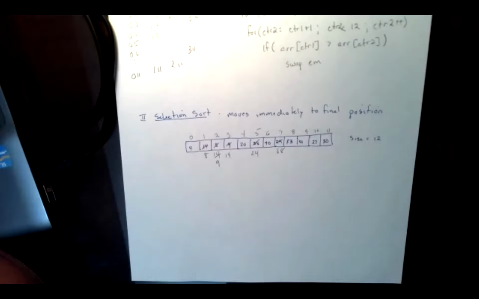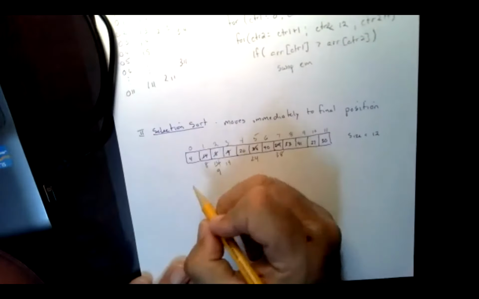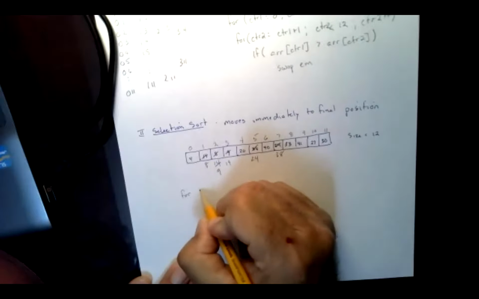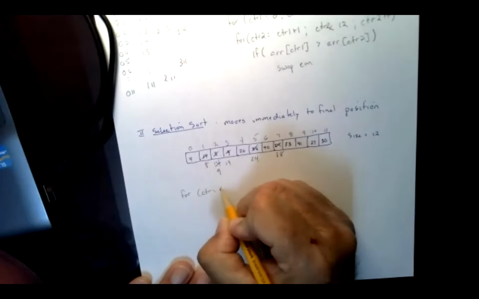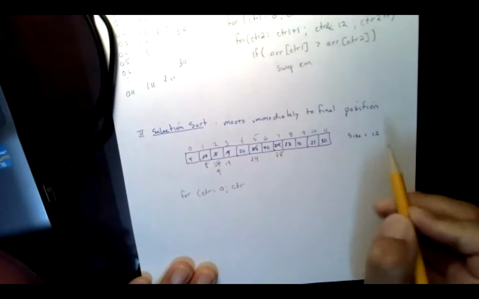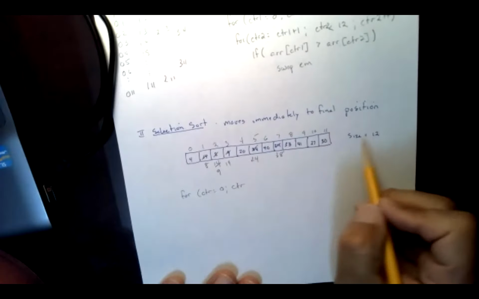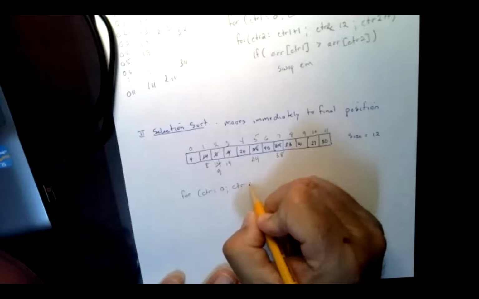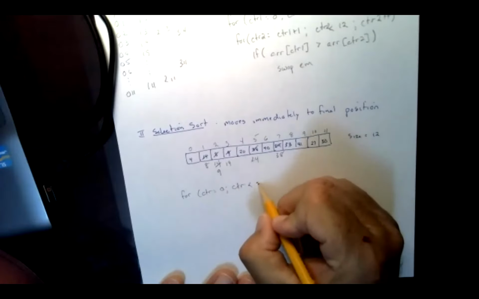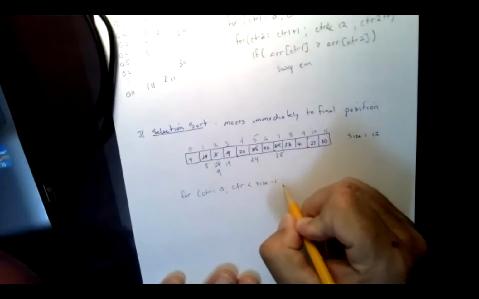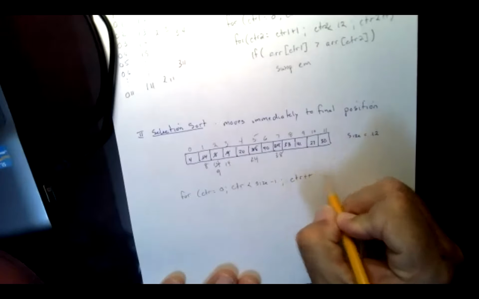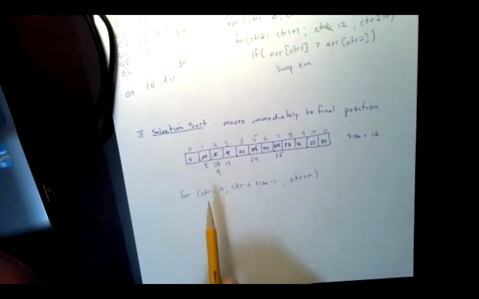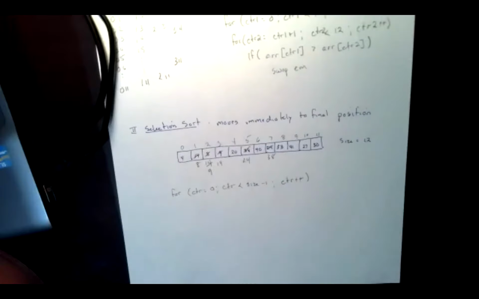So my outer loop should be for counter equals 0. I want to go to 10, so I could do less than size minus 1. That's going to give me the subscripts from 0 to 11.